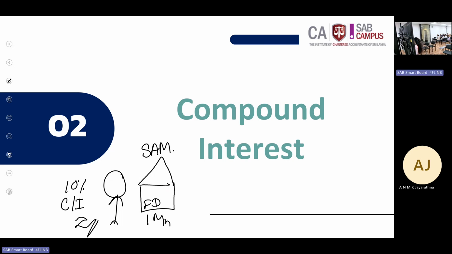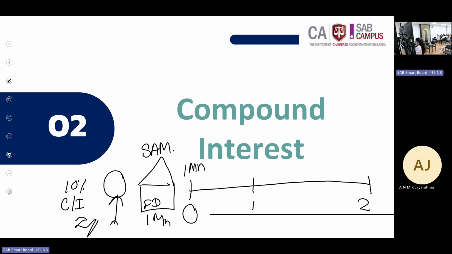Now this is a timeline: year 0, the deposit, then the first year and the second year. Pathum deposited 1 million.